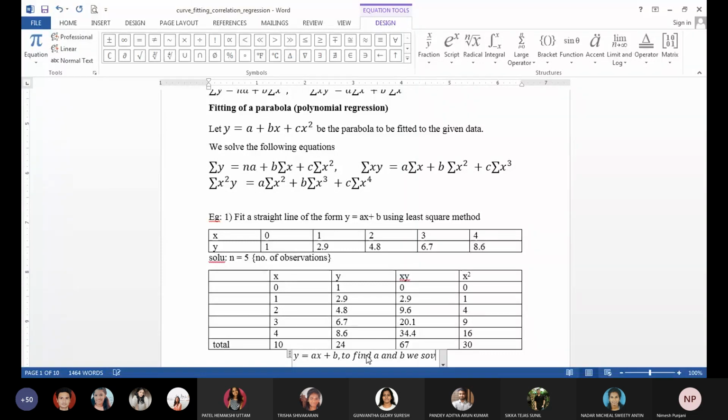Yes, these are the values of the totals we get.